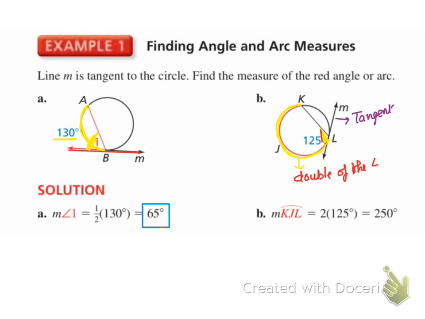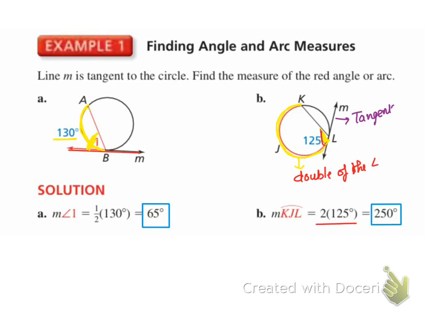So here arc KJL is twice the angle 125, and our final answer is 250.